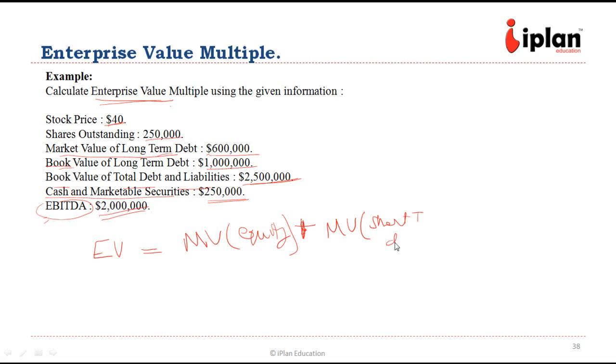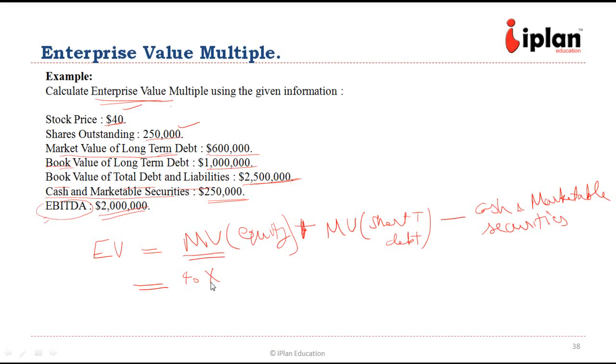Then we can subtract the cash and marketable securities. So the market value of equity can be calculated. We have the share price, we have the shares outstanding. So 40 times 250,000 is our market value of equity.